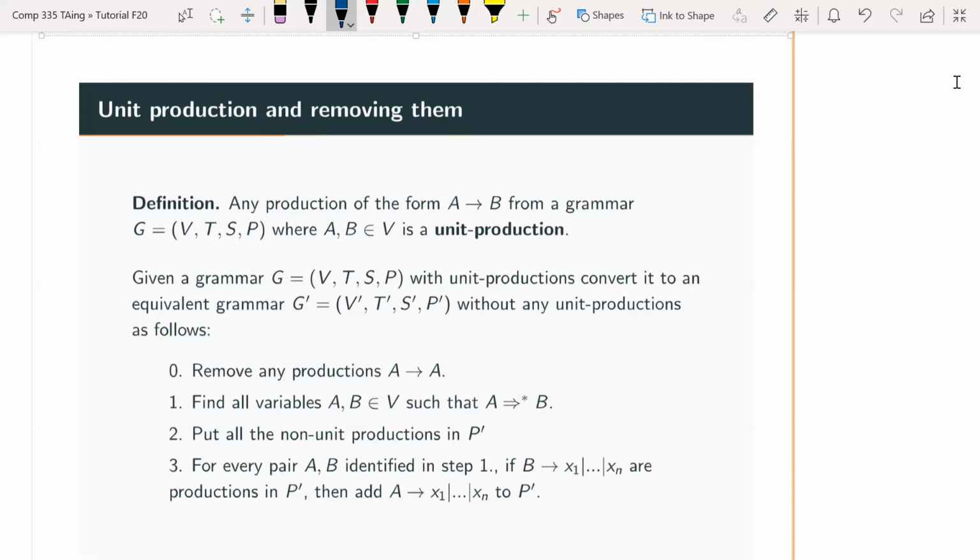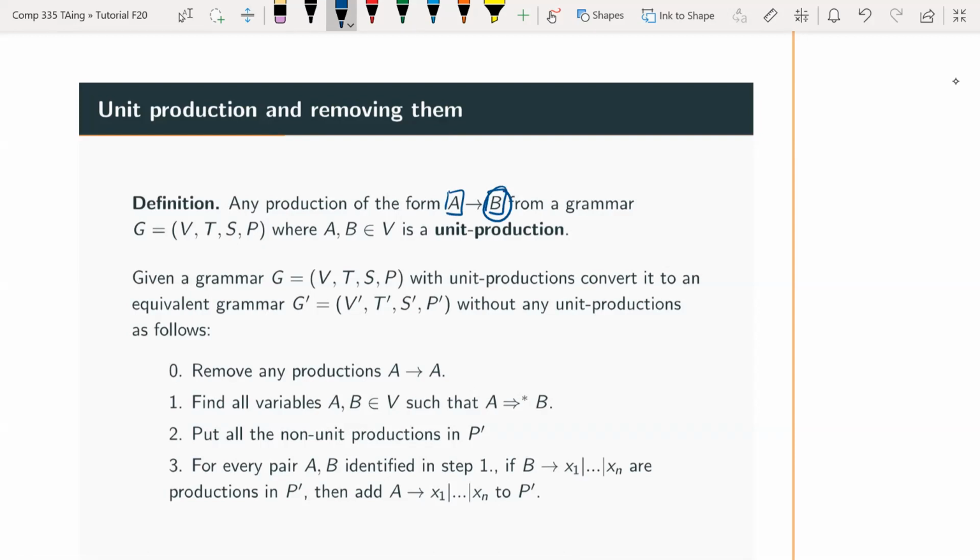So what is a unit production, first of all? A unit production is any production of the form a single variable on the left gives you a single variable on the right, okay? And these are not super useful in a grammar because essentially you can replace this production by everything that B gives you, right?